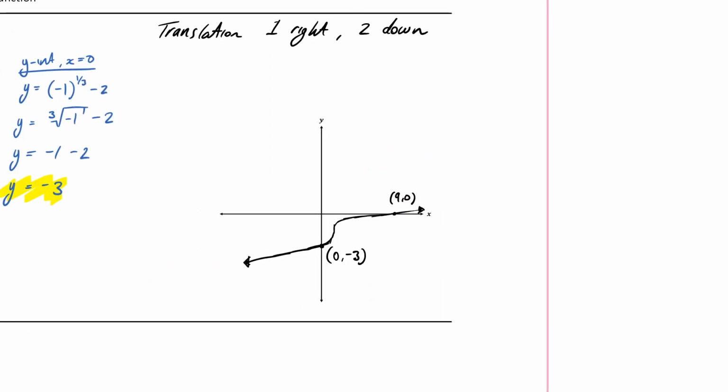Let me just draw in that I have something vertical here, and it's going to look like that. I'm not going to put in that point because that point isn't a point of inflection. So I'm just going to put here that this is (0, negative 3). And this point here is (9, 0). Again, hopefully your graph looks better than mine.